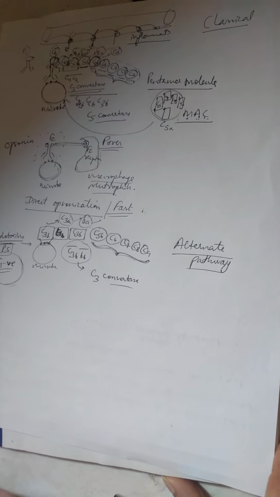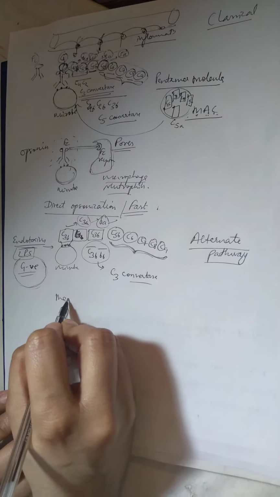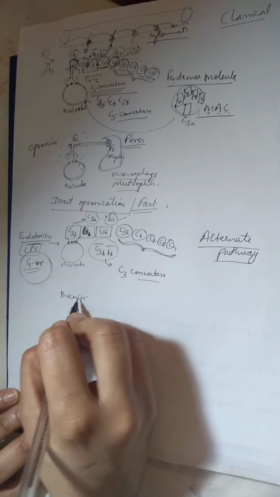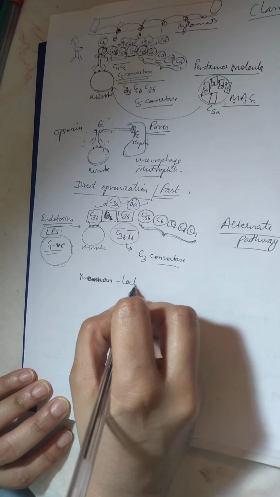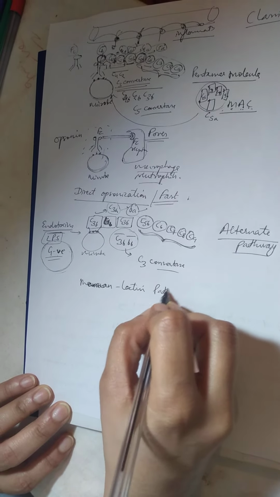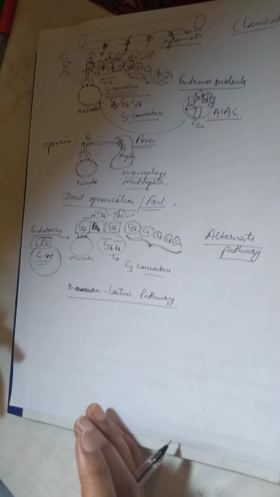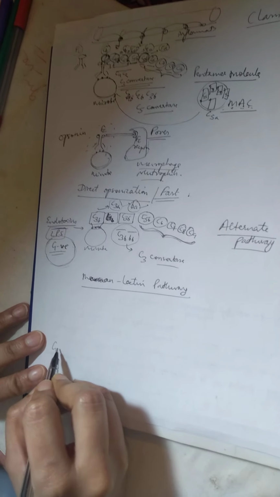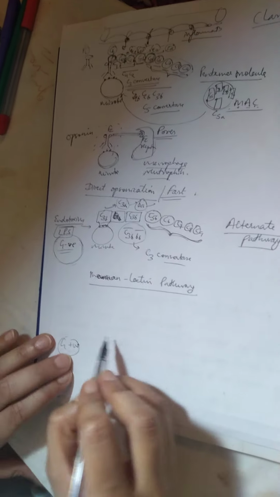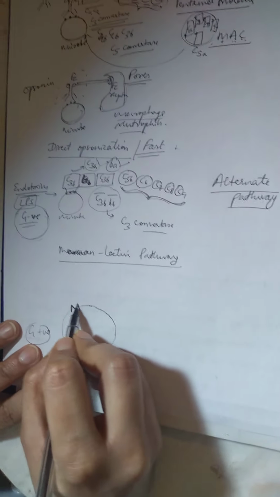Right? Now the recently discovered pathway, which is the mannan-lectin pathway. What this pathway involves is that there are certain microbes, generally gram-positive bacteria, which have a molecule, mannose, in their cell membrane.